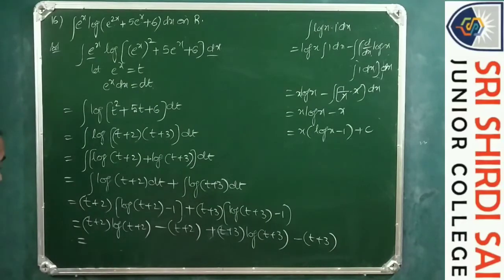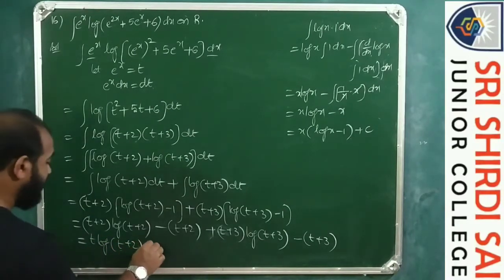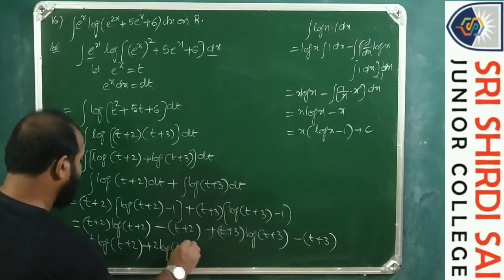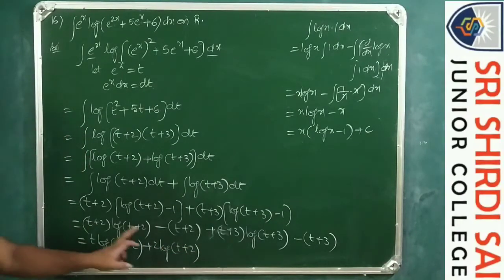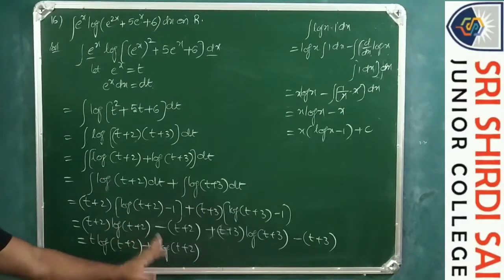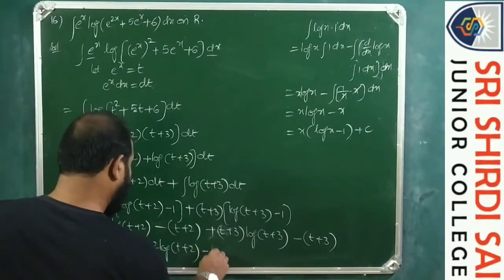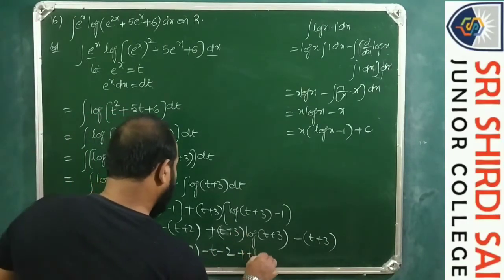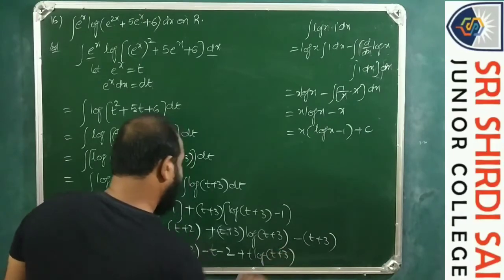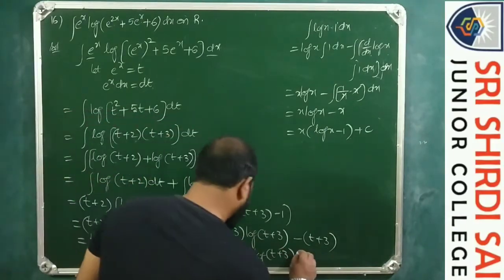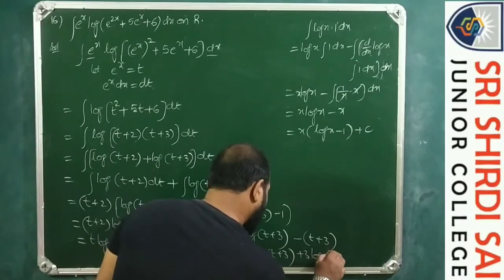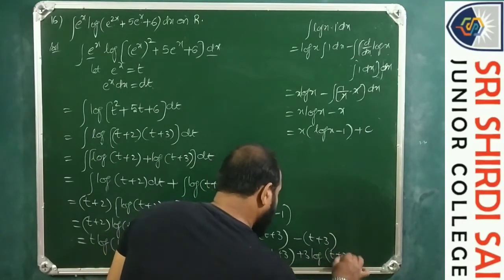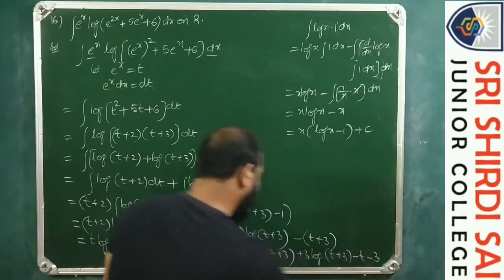This is equal to t log(t+2) plus 2 log(t+2), t log(t+2) plus 2 log(t+2) minus t minus 2, plus t log(t+3) plus 3 log(t+3) minus t minus 3.